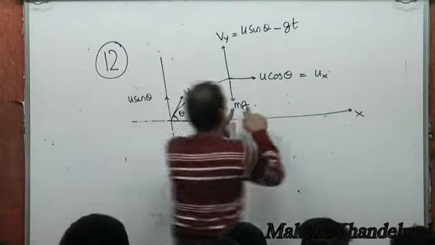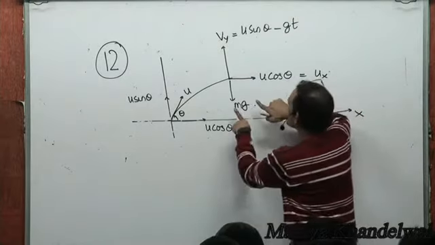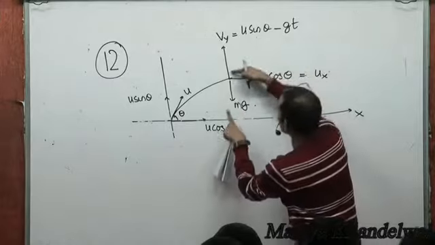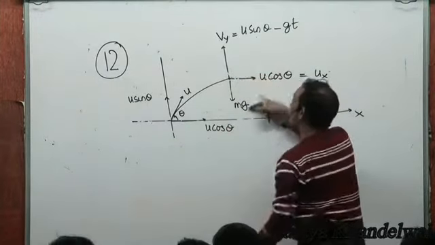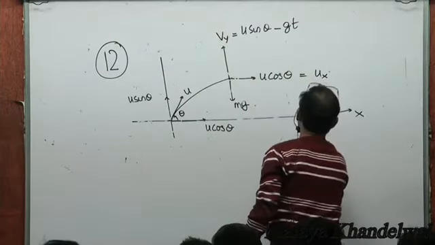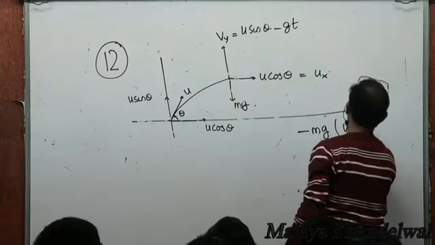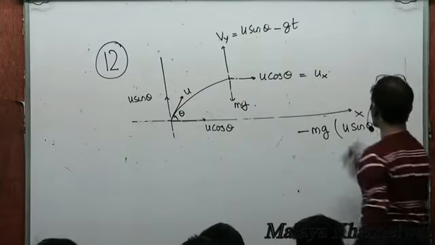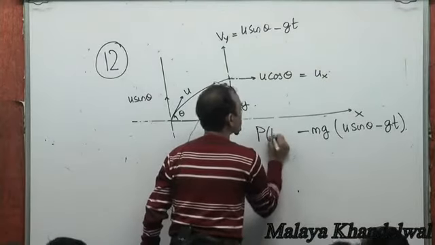Okay, so this dot product is 0. So the net power would be this dot this, but the angle between these two vectors, mg and vy, is 180 degrees. So power delivered by mg is simply going to be minus mg into vy, which is u sin theta minus gt.